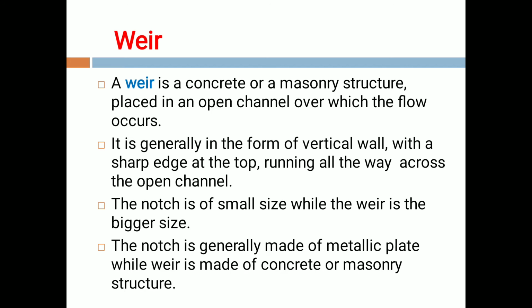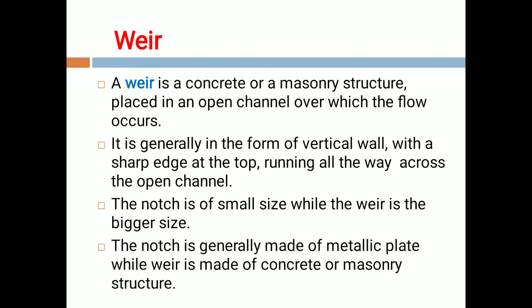It is generally in the form of a vertical wall with a sharp edge at the top, running all the way across the open channel. And a notch is of small size, while a weir is of larger size.